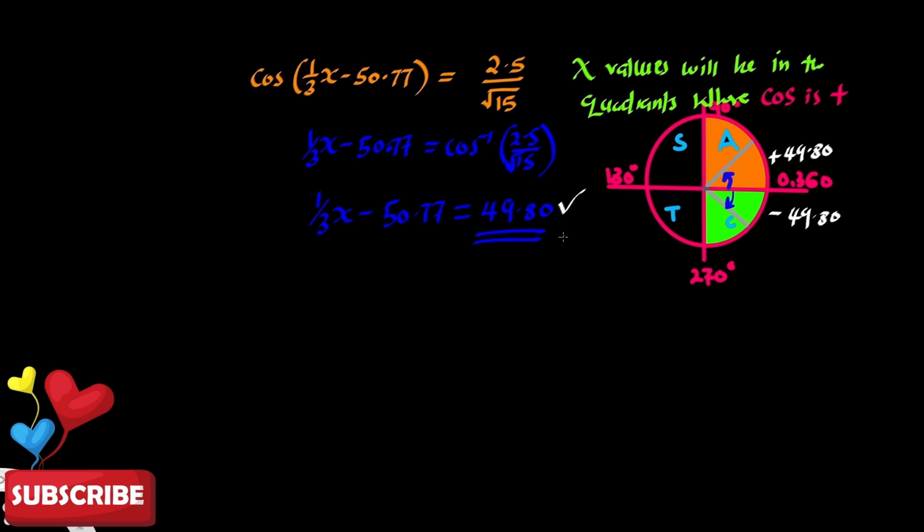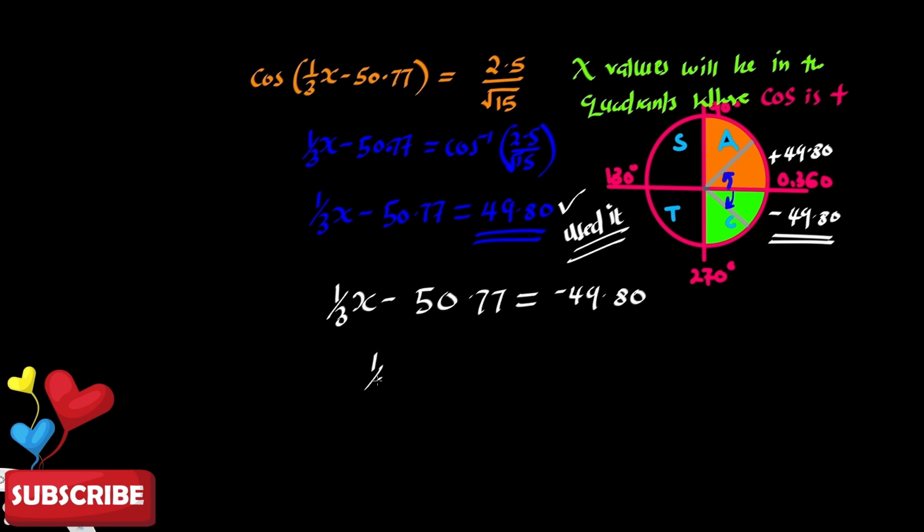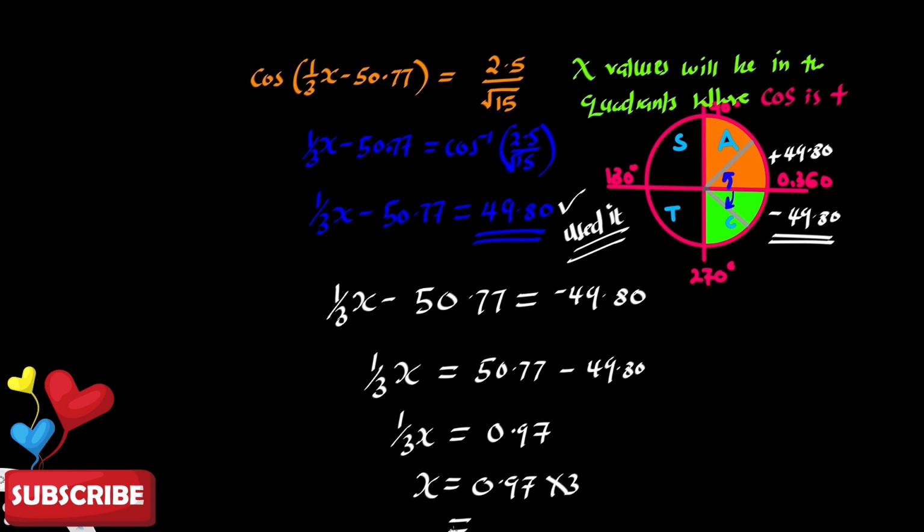We had used 49.8 in the previous step, so we are going to use this other part here and say it is equivalent to negative 49.80, which will mean that we can now subtract the 50.77, and if we multiply by 3 on both sides, we are going to get our answer as 2.91 degrees. And this becomes the second solution.